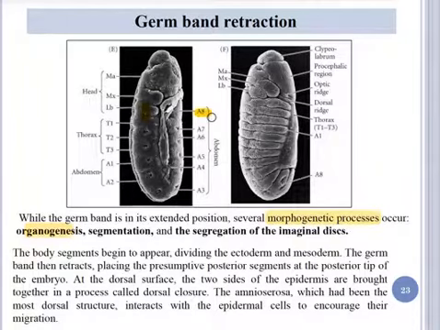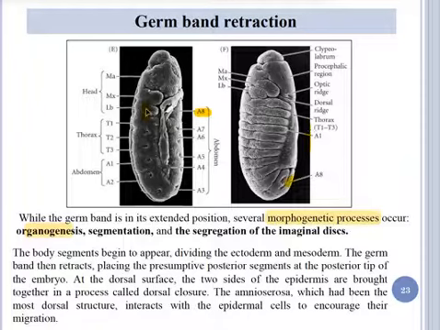The abdominal 8, through the germ band extension, is brought just behind the future head, okay. And this is the germ band right here. So this germ band extension is followed up by a germ band retraction.